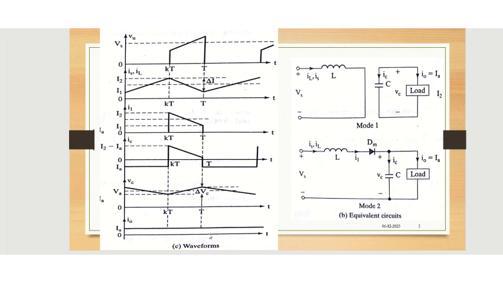If you observe the output current I naught across the load, the output we get at the load will be continuous in nature. The ripple factor will be very small because of the filters L and C. To reduce the ripple content, the capacitor value and the inductor value should be quite large so that the ripple will be reduced to the maximum extent.